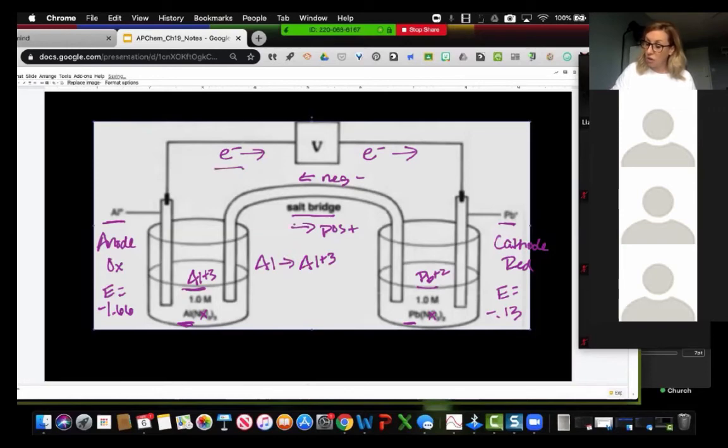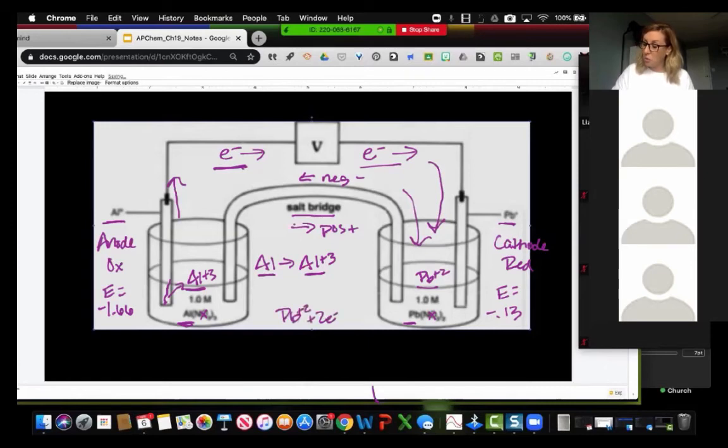So as those electrons leave, the aluminum piece of metal is kind of going away here, and it's becoming aluminum in solution. On the other side, as those electrons go into this solution, the lead ion in solution is picking them up.